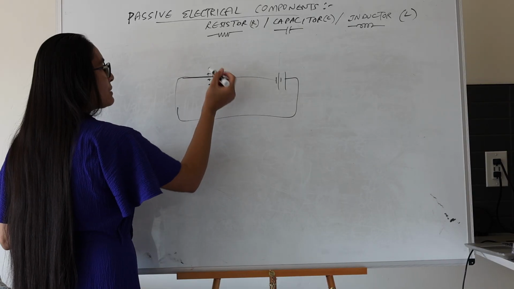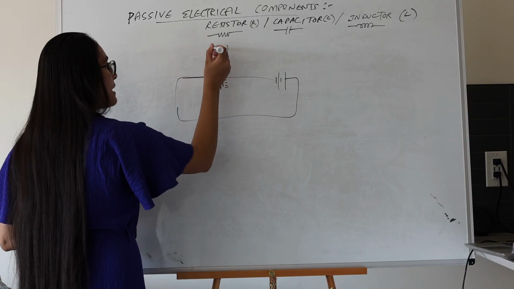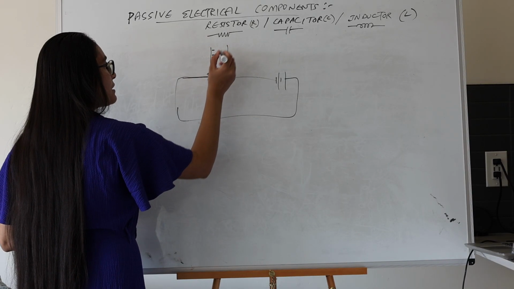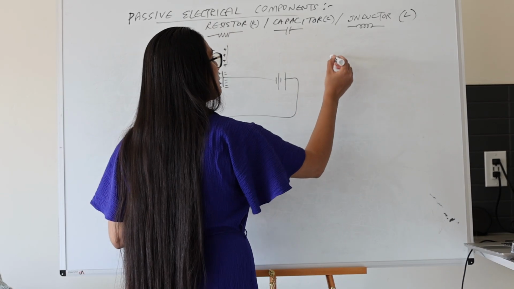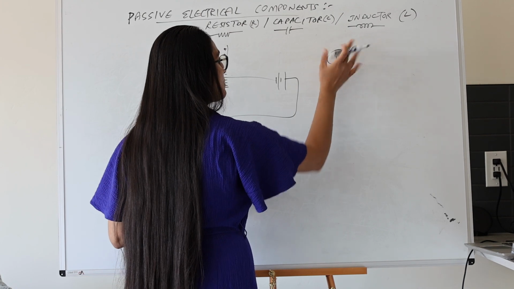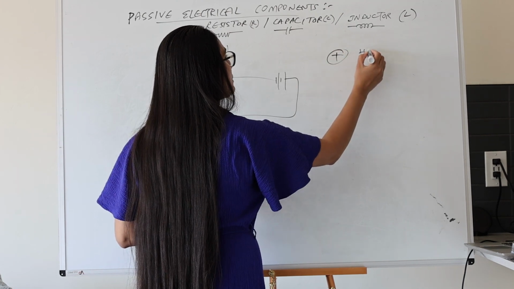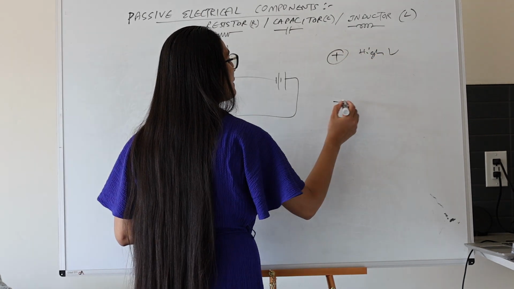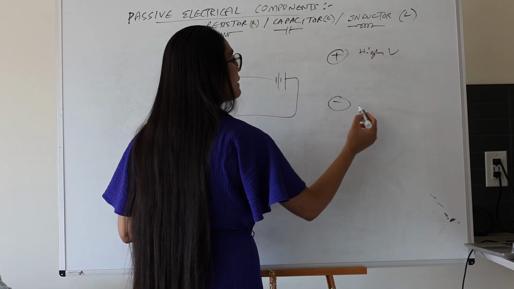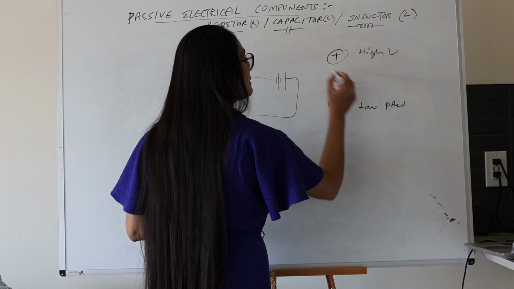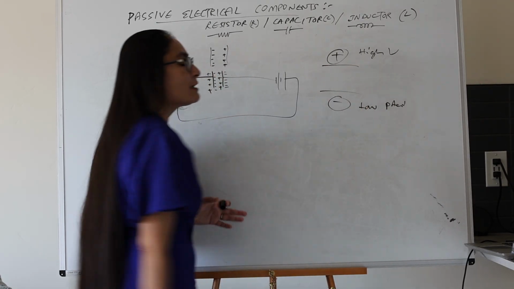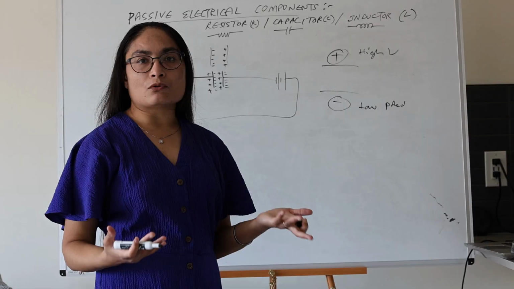From our last lecture, by convention, more positive is high potential, and more negative is low potential. And whenever there is a potential difference, it's going to start the flow of current.